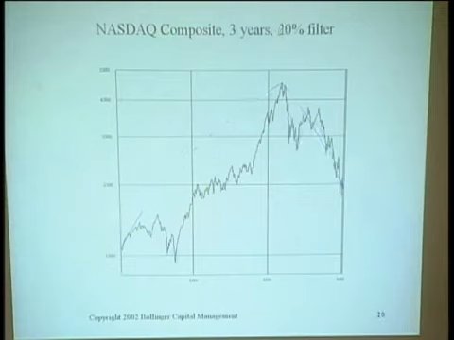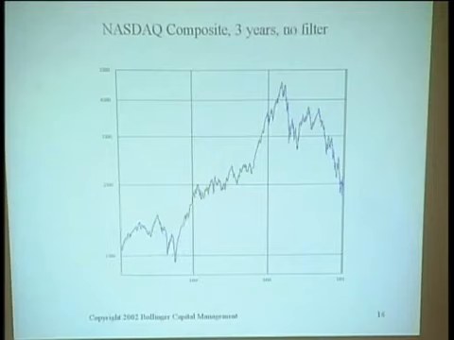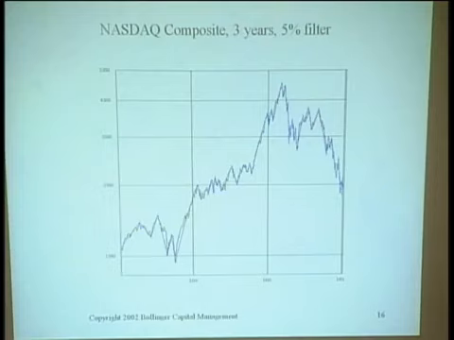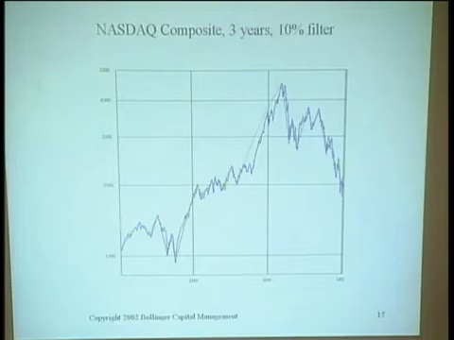So depending upon our task and goal, we can specify a filter that shows us the moves that we are interested in. If we're interested in very short-term activity, this 5% filter is probably a good way of looking at the price structure. More intermediate term view, trying to capture the bigger swings, not so much worried about the chatter, 10% filter.